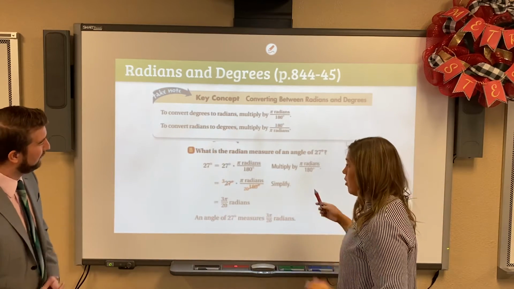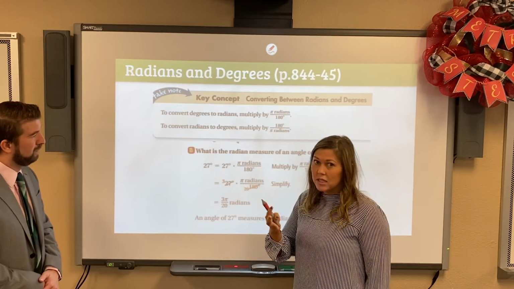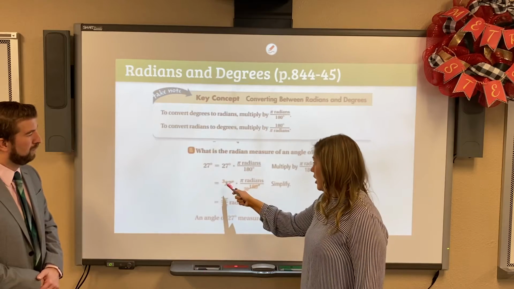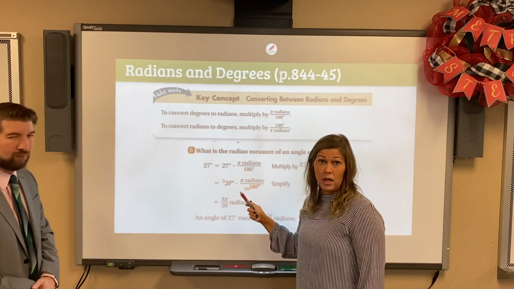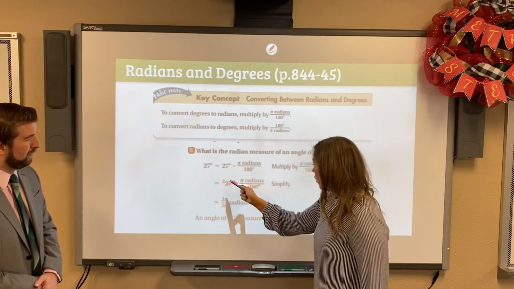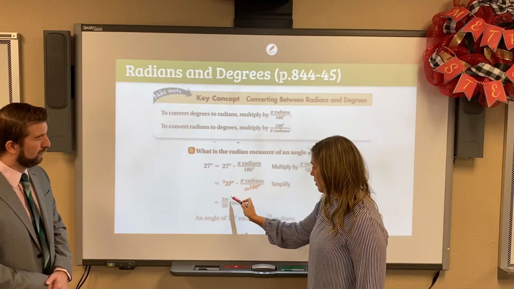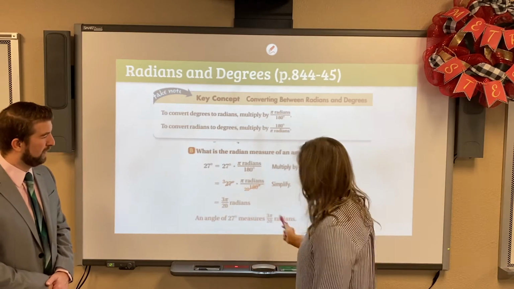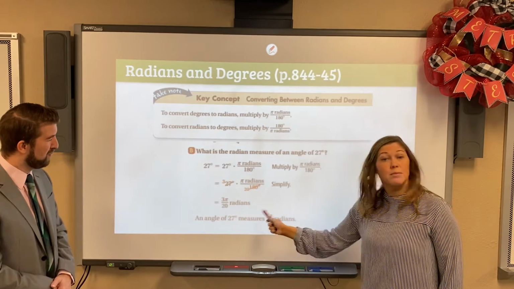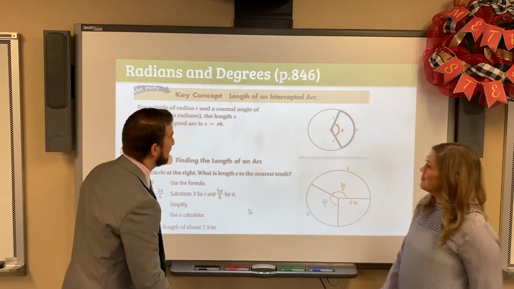Basically in your calculator, you need to just do 27 divided by 180. That simplifies to 3 over 20, and you have your pi, so 3 pi over 20 radians. So an angle of 27 degrees measures 3 pi over 20. Thank you, Ms. Colette.